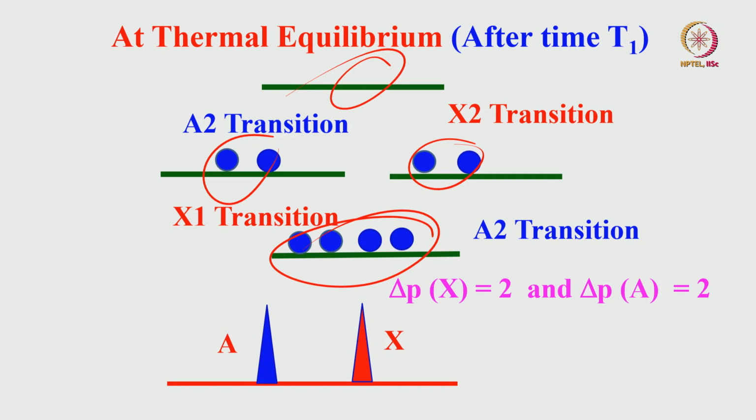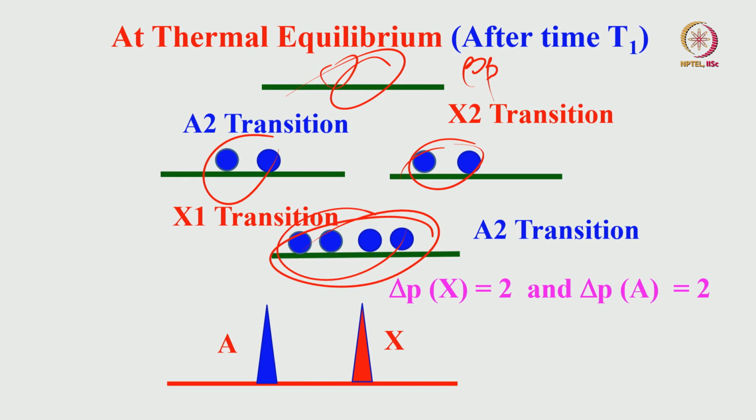There are spins there, but for the sake of understanding the intensity of the peaks, I have taken some number. That does not mean there are no spins in the higher energy beta beta state. So for calculation, 4, 2, 2 and 0 are taken.